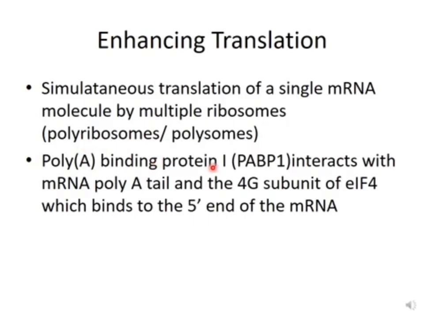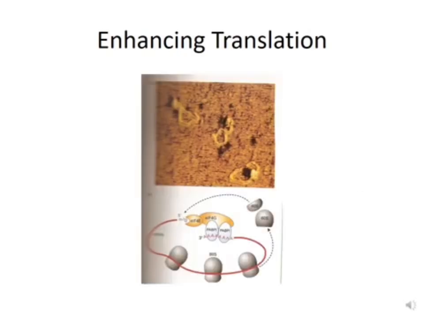This poly-A binding protein interacts with the mRNA poly-A tail and the 4G subunit that is present on initiation factor 4. This binds to the 5' end of the mRNA. So we have sort of a circle where both the 5' and the 3' ends of the RNA are bound to initiation factor 4.